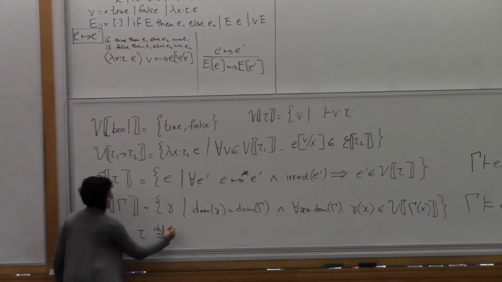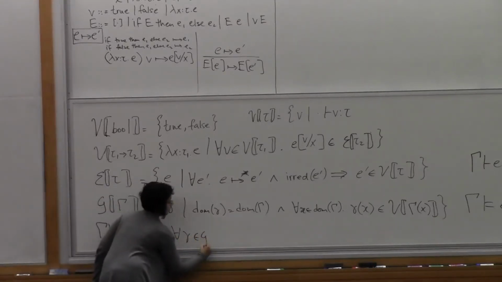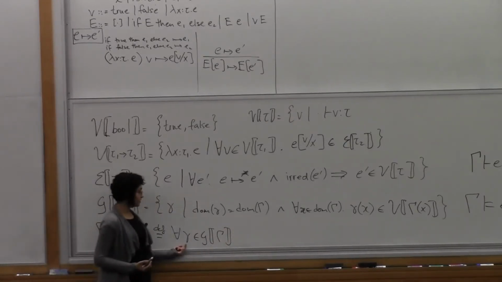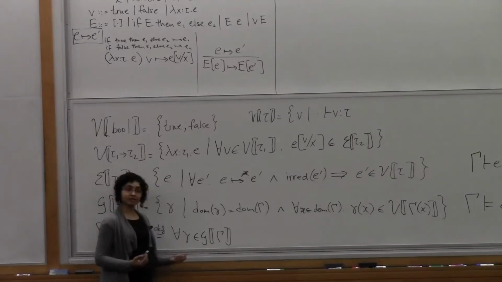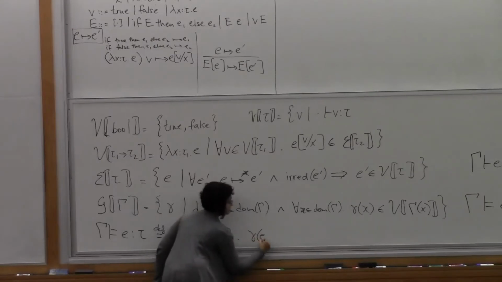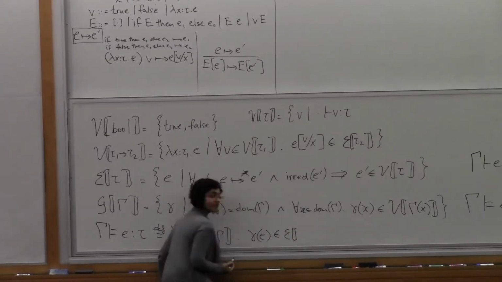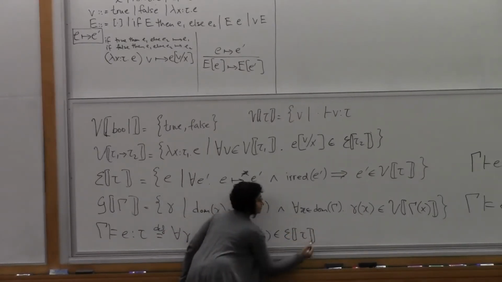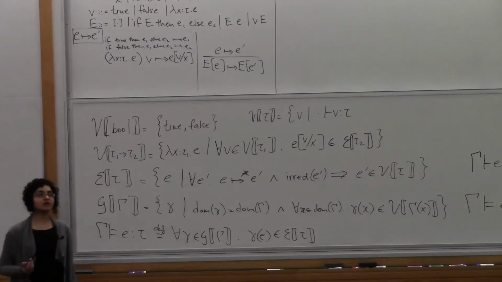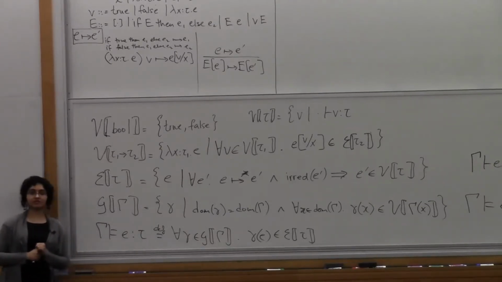Basically, we want to say that for all substitutions gamma that behave appropriately, like, you know, given a substitution that contains values of the right types, it should be the case that if we use gamma to close E, then we get an expression that behaves like it has type tau. Does that make sense? Questions?